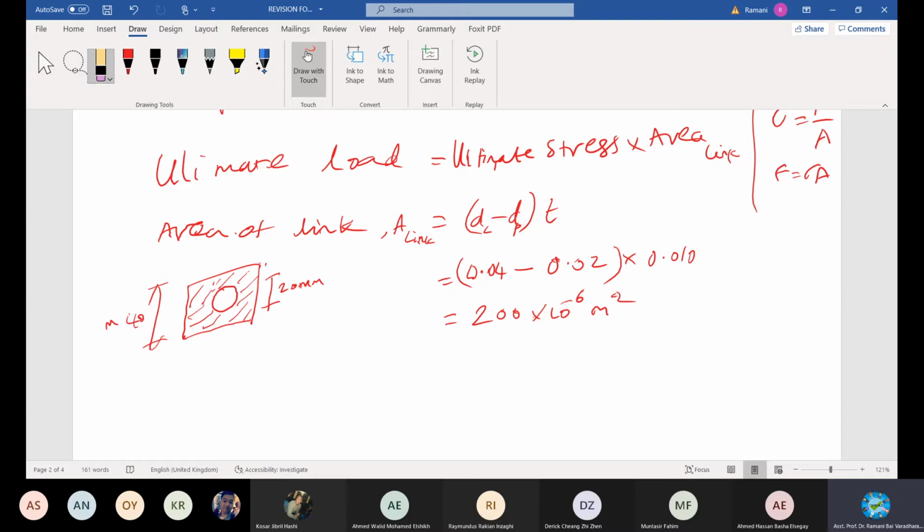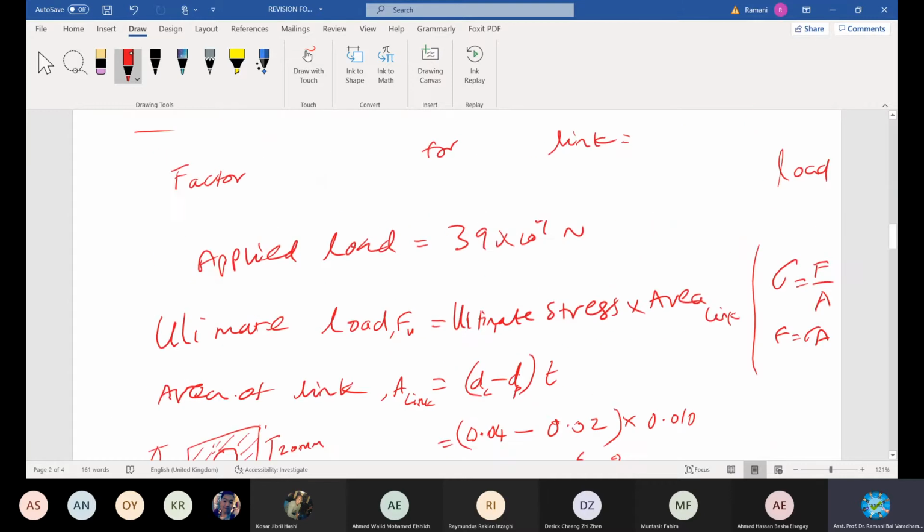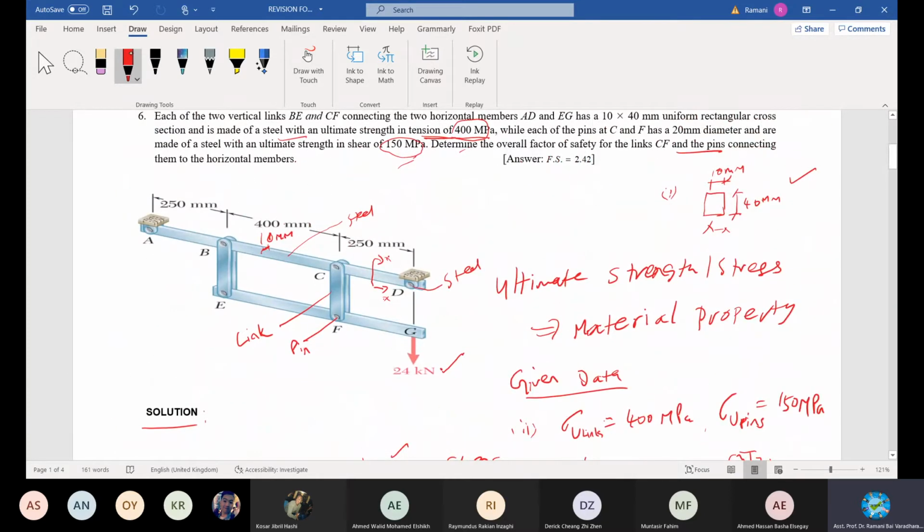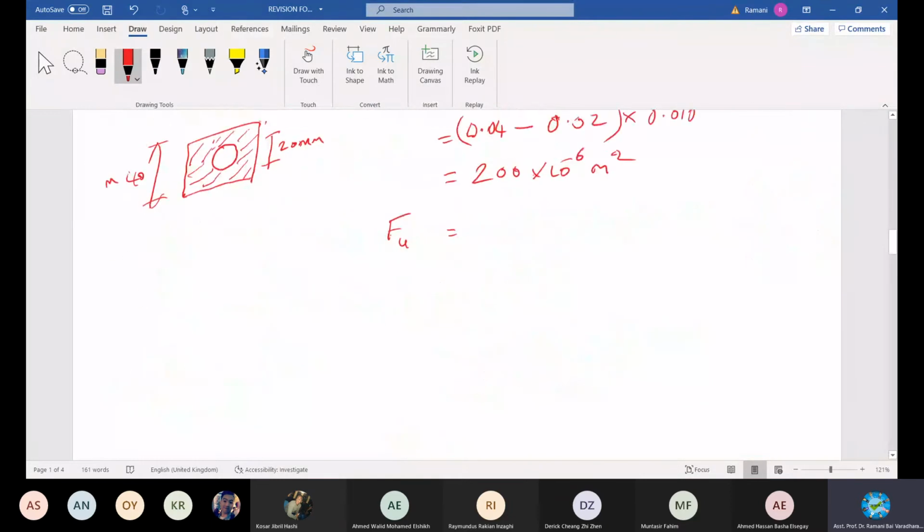Okay. Our ultimate load, ultimate load FU, let it be FU. Ultimate load FU is given by, what is the stress value? Ultimate stress given to you is what? How much can the member bear up to? Ultimate stress of the link is 400 megapascal.